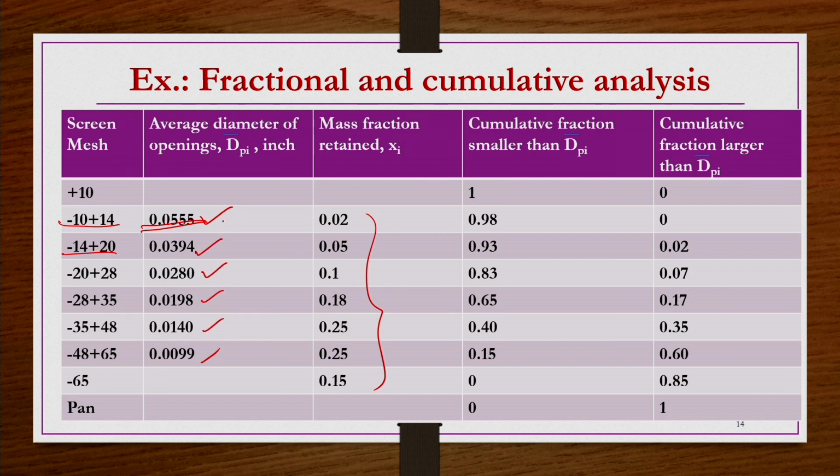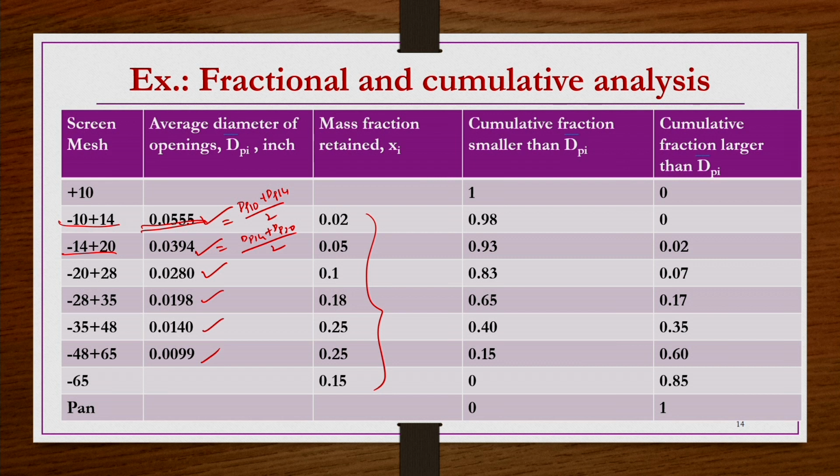For simplicity I write dp10 plus dp14 by 2 is this number. This number is dp14 plus dp20 by 2, that is the screen opening of 14 mesh plus the screen opening of 20 mesh divided by 2, arithmetic average. So, all these average diameters dpi bars are given, then mass fractions are given, right.